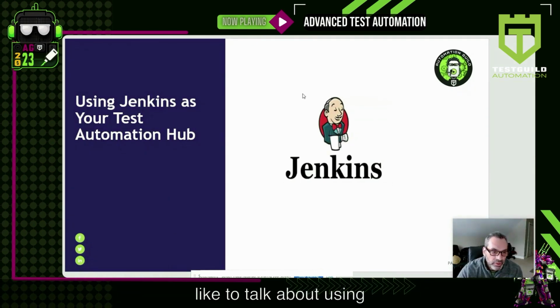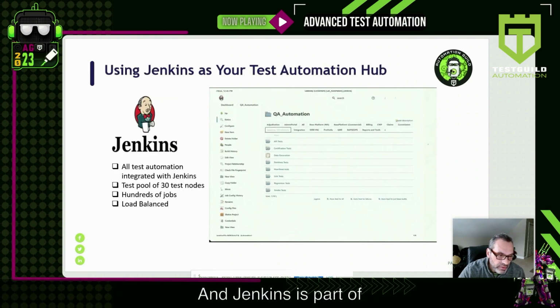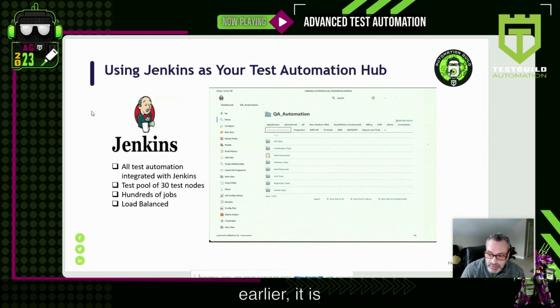So now I'd like to talk about using Jenkins as your test automation hub. Jenkins is part of our overall strategy and our open source tool set. While I mentioned earlier it is a build and deployment automation tool, it makes for an incredibly powerful test automation tool as well.